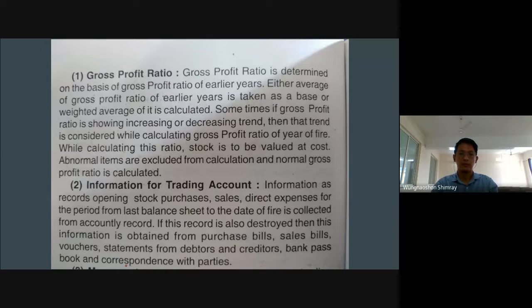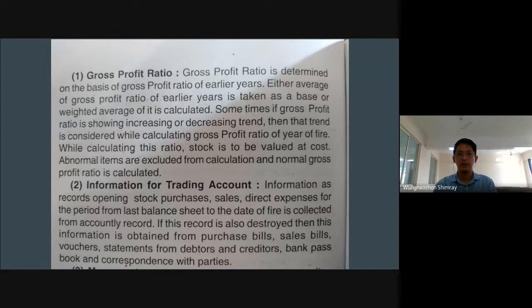Next, we look at the information for trading account. So information such as the opening stock, purchases, sales, direct expenses. These are taken from the balance sheet.